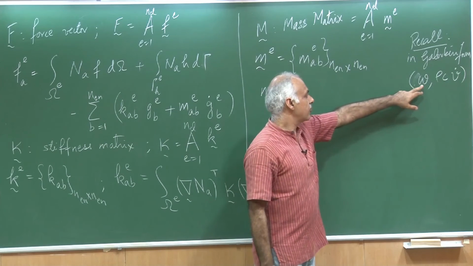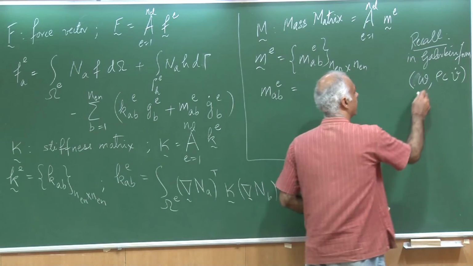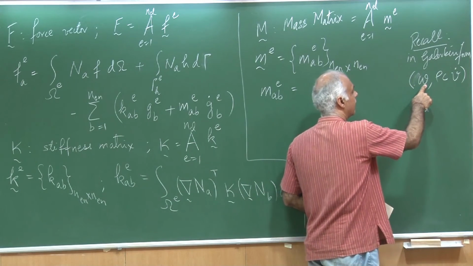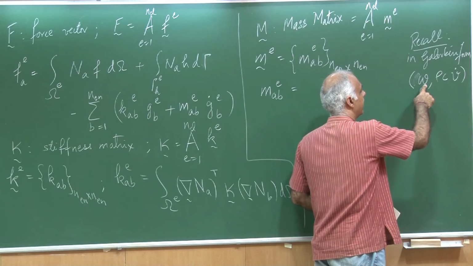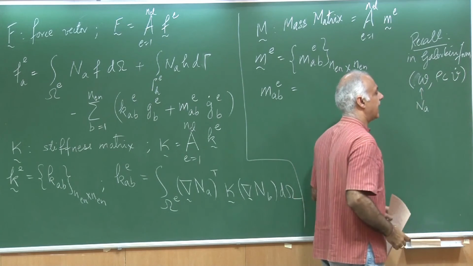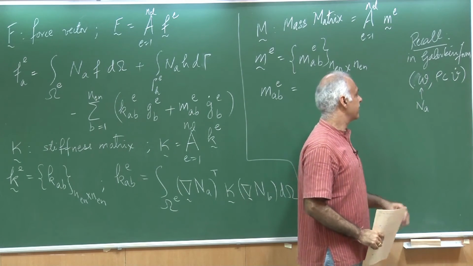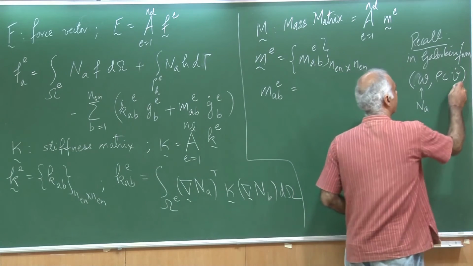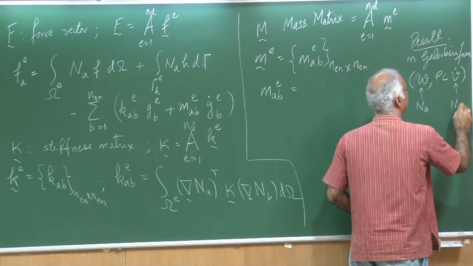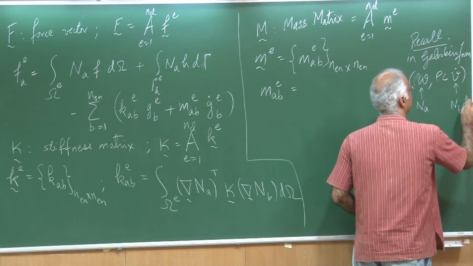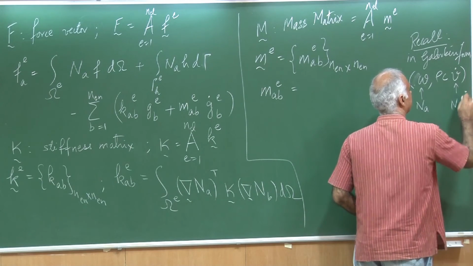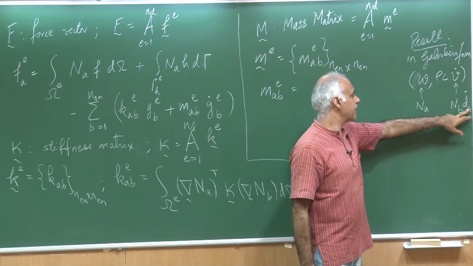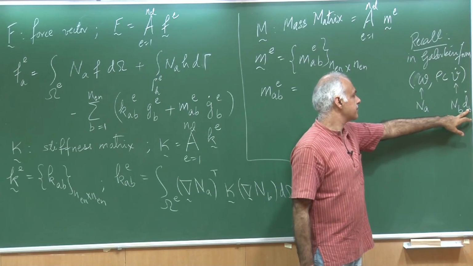So, from W you are going to get N_a. Remember, we are going to write down W as N_a times c_a, and this v dot we are going to write down as N_b times d_b dot, if you remember. The dot is being handled by the coefficient.